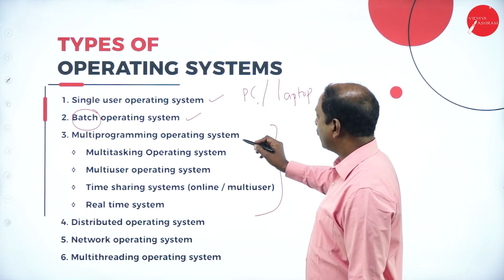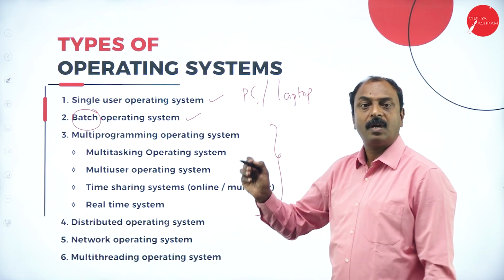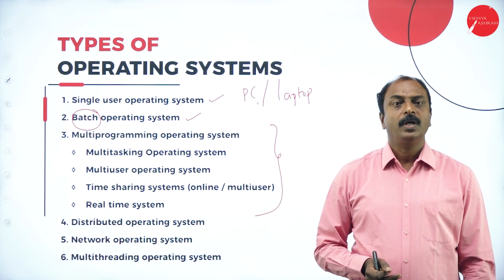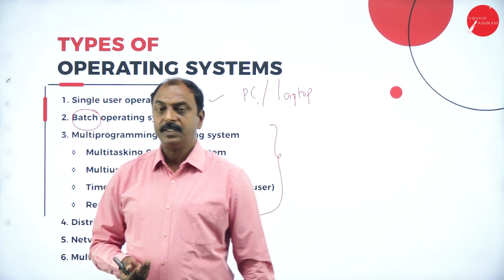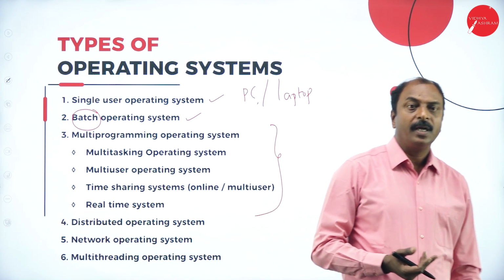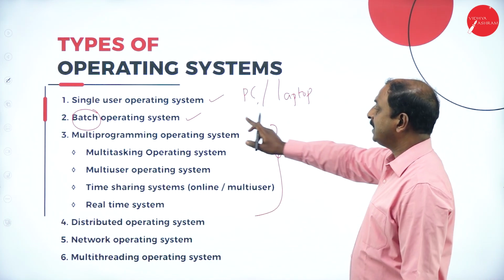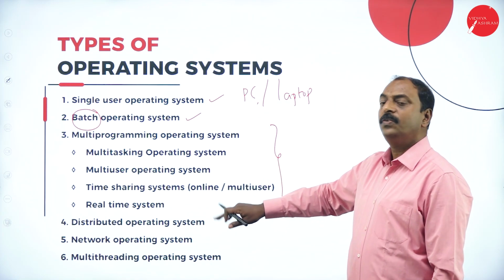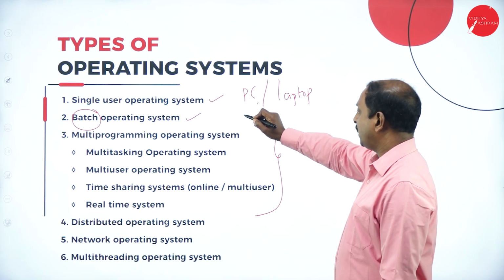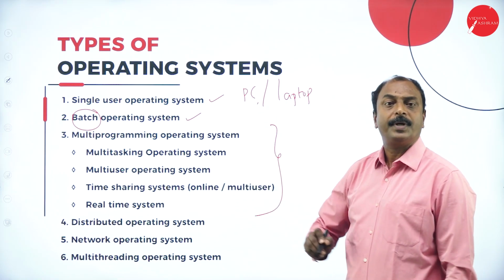Whenever I talk about all these things, you have to keep in mind that your computer has the CPU. Inside the CPU, we have many devices like the control unit, ALU, and computer memory, and so on. All these are shared by different users and different programs. That is the main theme behind these types of operating system.